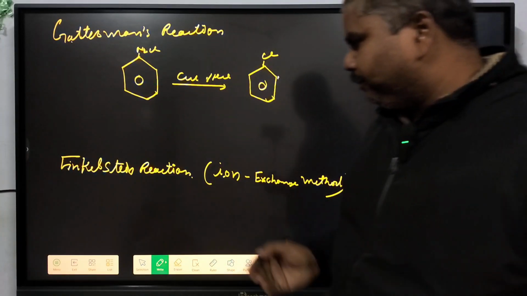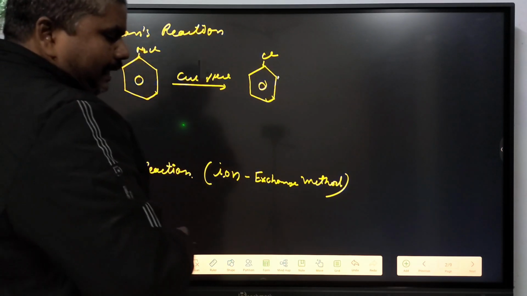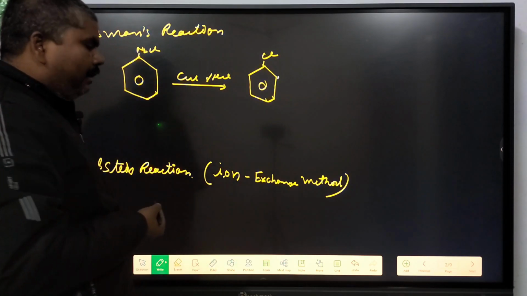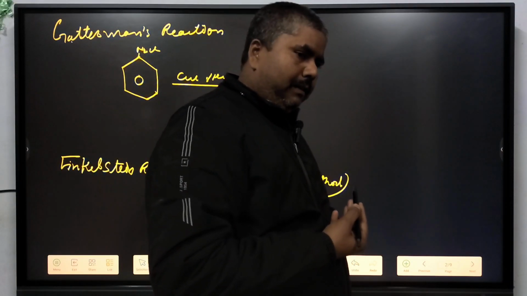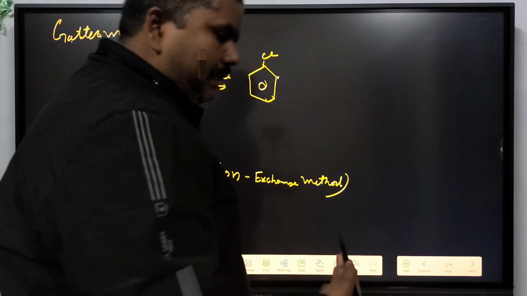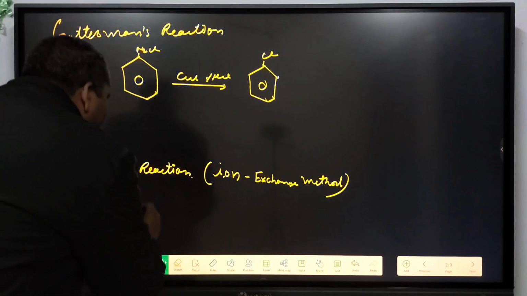In this reaction, the chloroalkane or the bromoalkane reacts with sodium iodide in the presence of dry acetone. It will convert into iodoalkane.